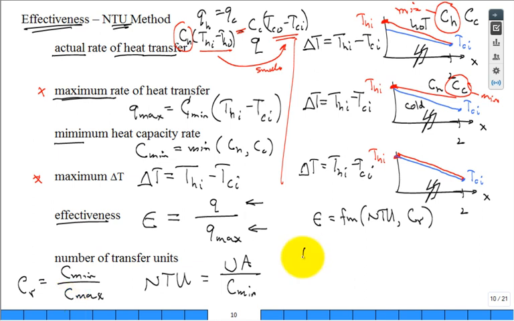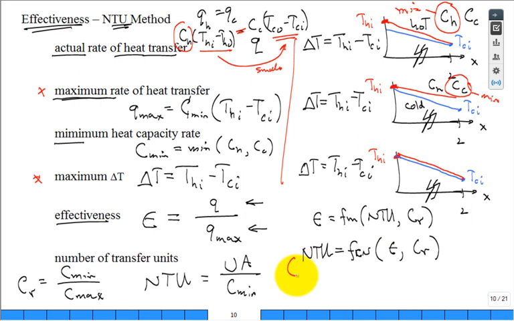A lot of people have worked it out, you can get a relationship where the number of transfer units is a function of the effectiveness and CR. This looks like a lot of math, but it's really gold. This is really good, because these really represent two challenges or types of problems when doing heat exchanger analysis.